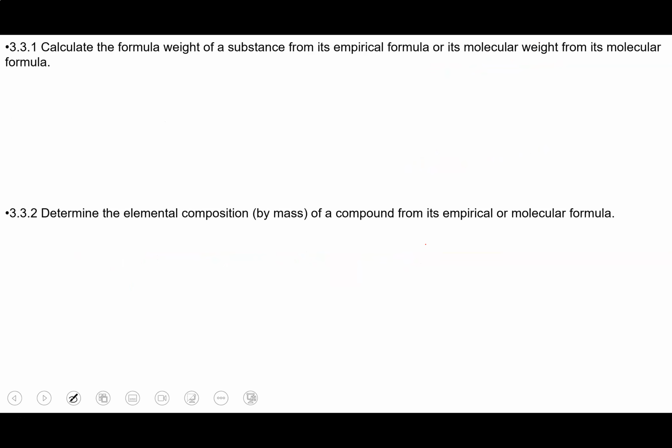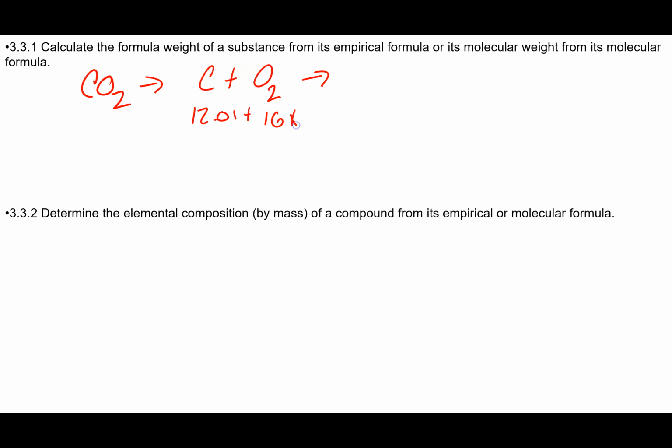All right, formula weight from empirical formula or molecular weight from molecular formula, both are done the same way. So if I give you CO2 and I say, what is the formula weight of CO2? You're going to tell me, oh, I can find that using the masses from the periodic table. Carbon is 12.01, oxygen is 16, and there are 2 of them.